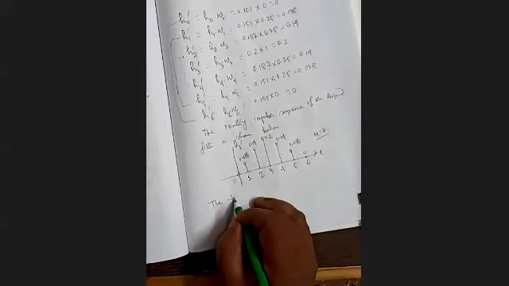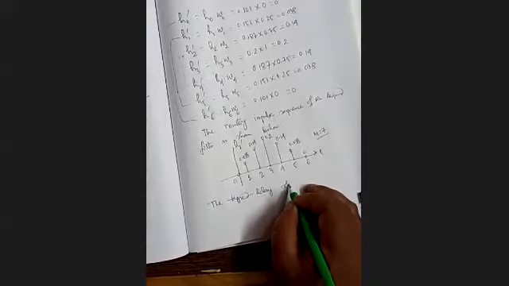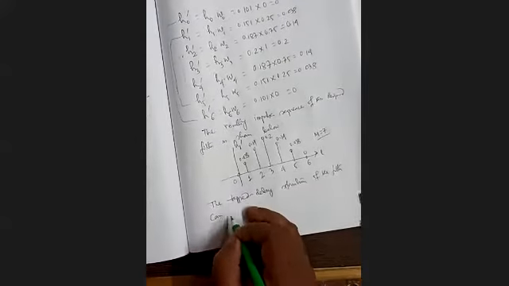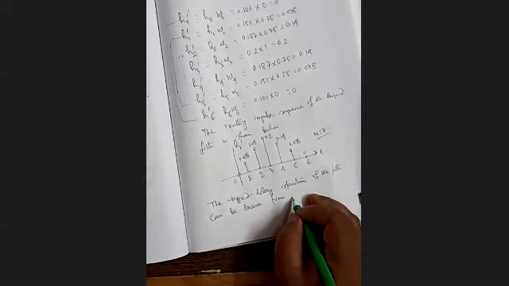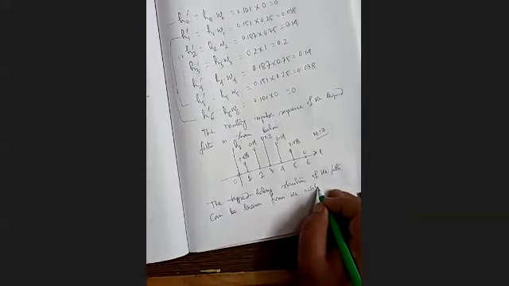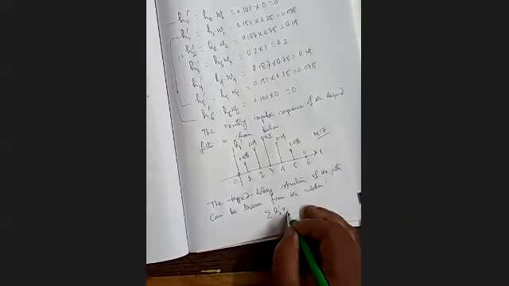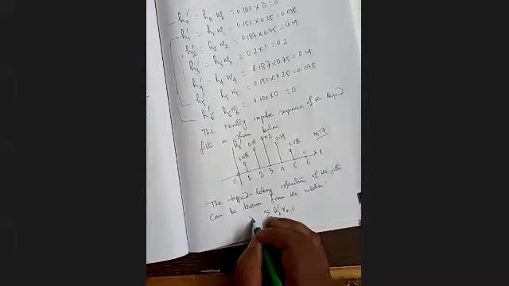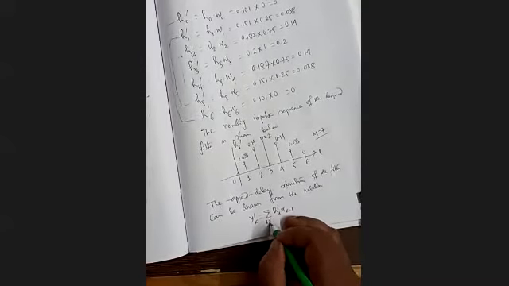The tapped delay structure of the filter can be drawn from the relation summation H L dash x(k minus L), that is y(k) dash equal to this, where L is 0 to M minus 1.